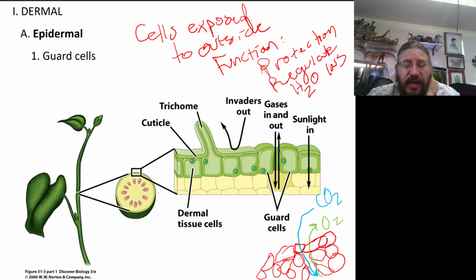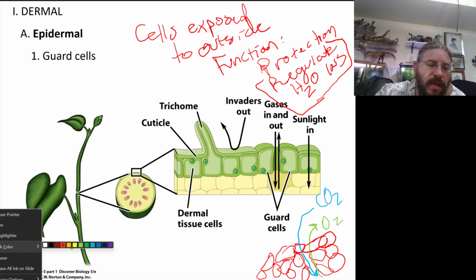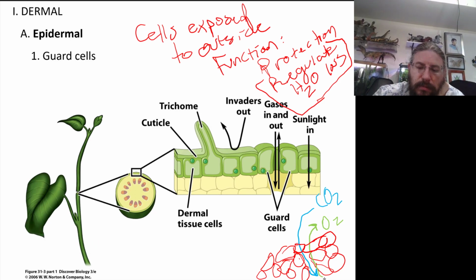CO2 plus H2O yields C6H12O6 plus O2, right? So carbon dioxide needs to come in to power photosynthesis. So why even have these able to close? Regulation of water loss. Because when that stomata is open, one other thing gets out. And that's water.